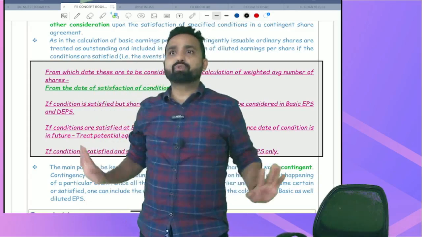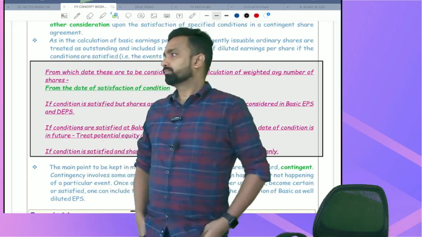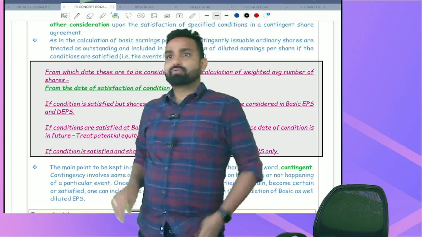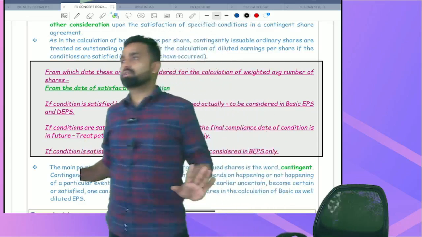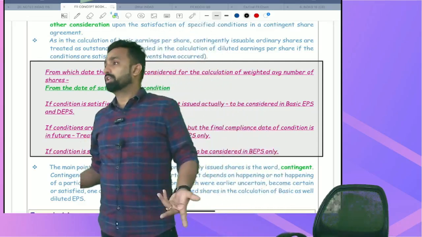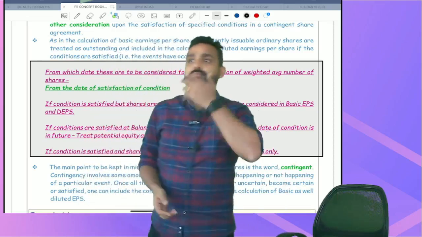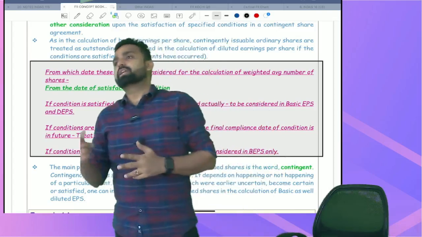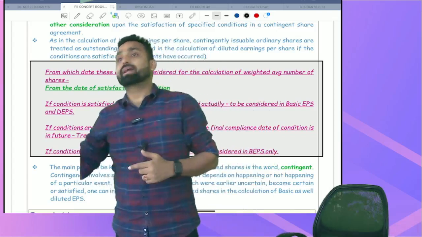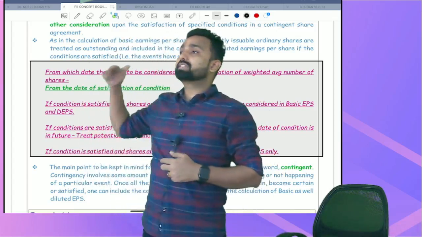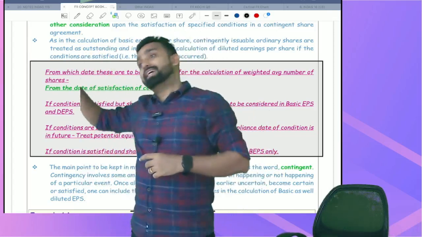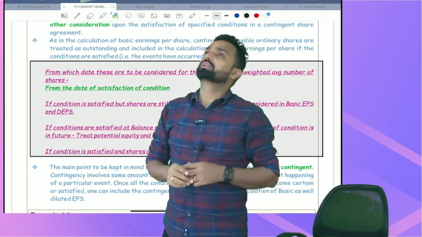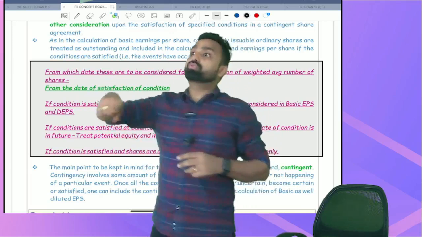Right now the share price is 400. If so, I will give you the shares. First of all, is it a contingently issuable share? What is the contingency? Market price. What is the condition basically? Market price should be 600 or more in the next 12 months. Then I will give you shares.